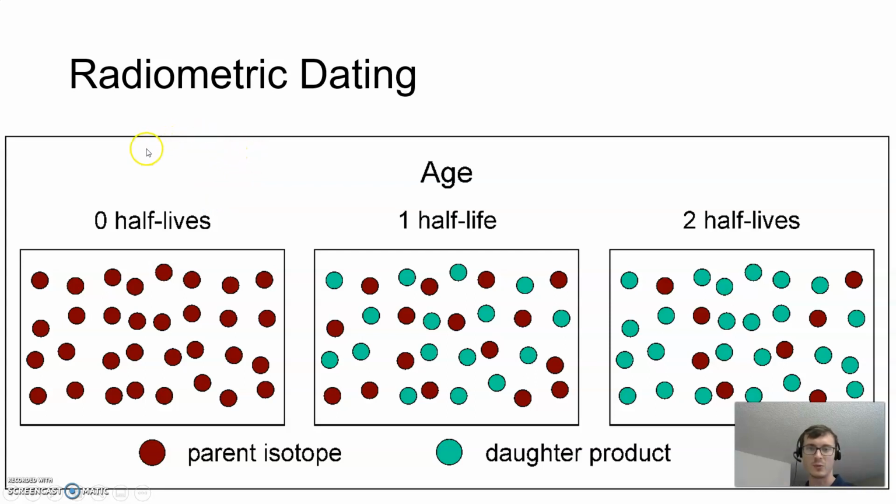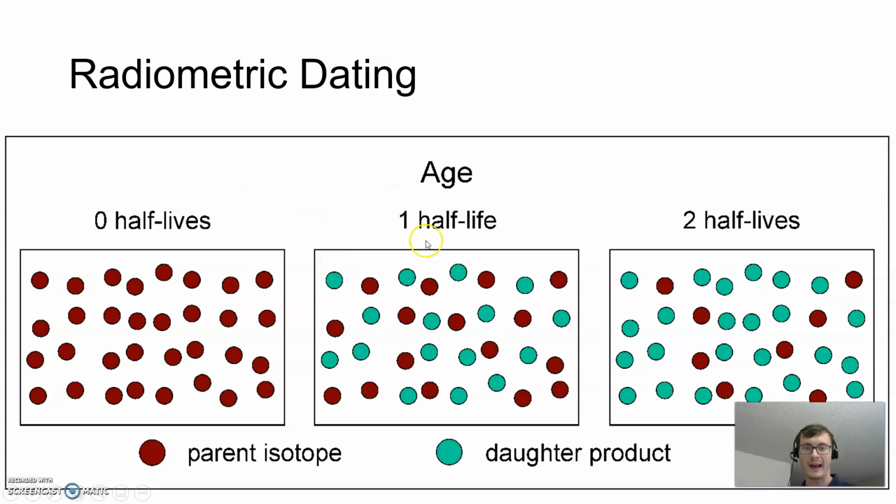This might be some radioactive element. You can think of uranium, but there are a whole lot of others that it could be. And when we start out at our time 0, where 0 half-lives have passed, half-life being the amount of time, and then it starts to decay. The decay is where the parent becomes the daughter.